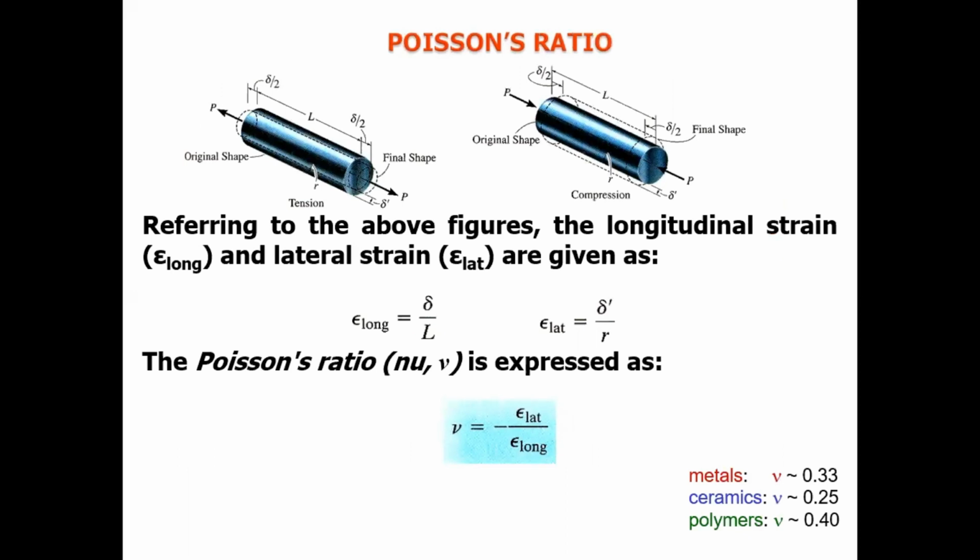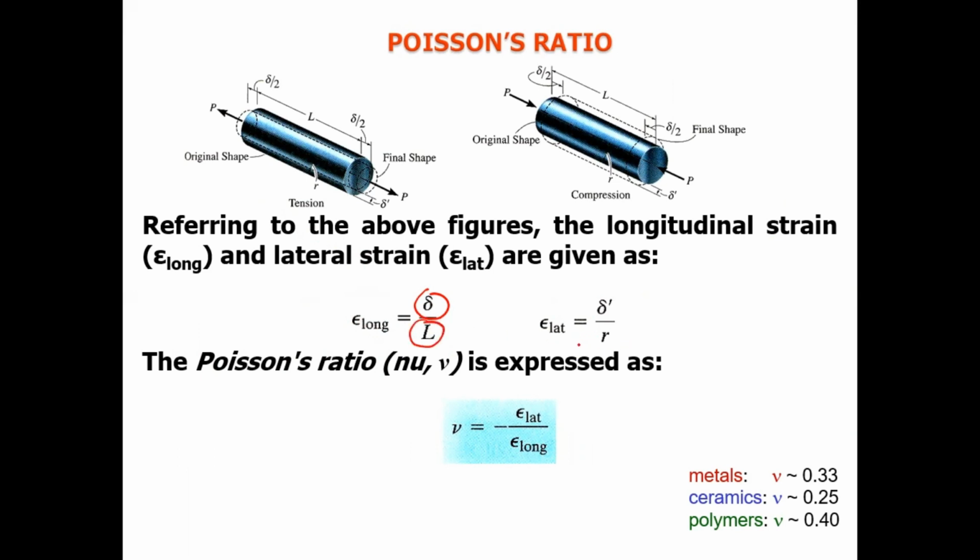Poisson's ratio. Poisson's ratio refers to the above figure. If we see the above figure, the longitudinal strain and lateral strain are given. What is strain? Change in length per unit length. So this is longitudinal strain: deformation in the longitudinal direction divided by original length.